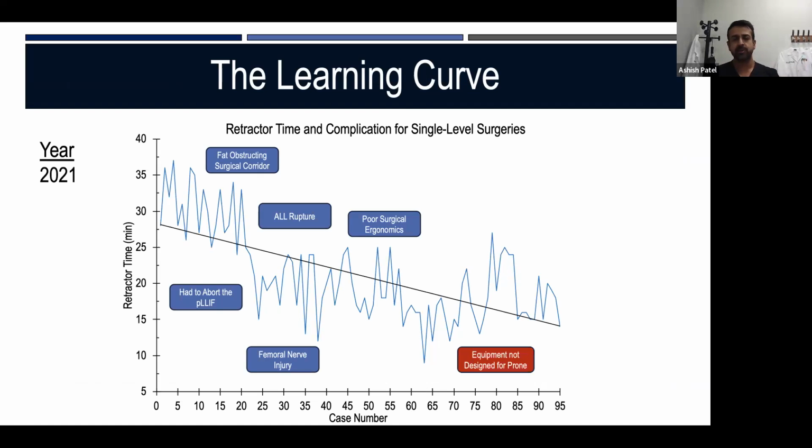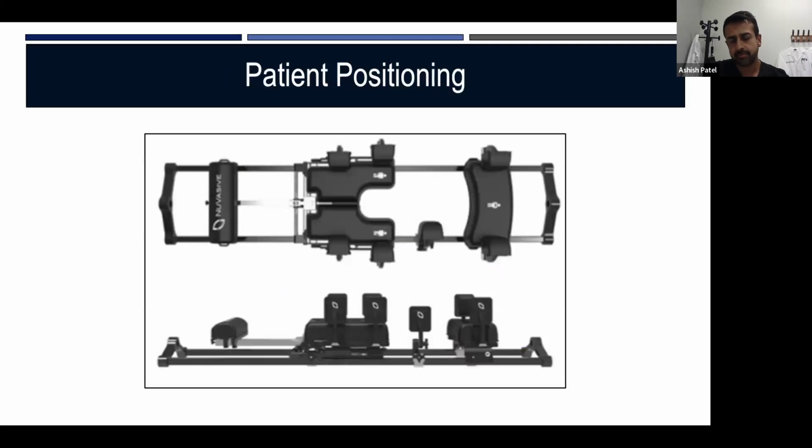So, as we've become better at performing the prone lateral, especially in degenerative disease, we've learned the critical pieces that are going to bring us that 2.0 version of prone. It really boils down to two pieces.